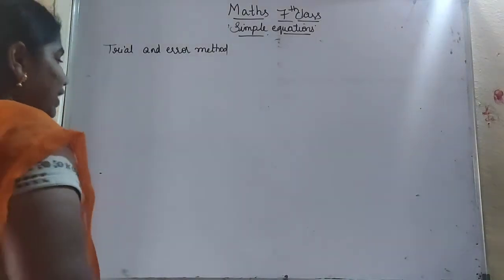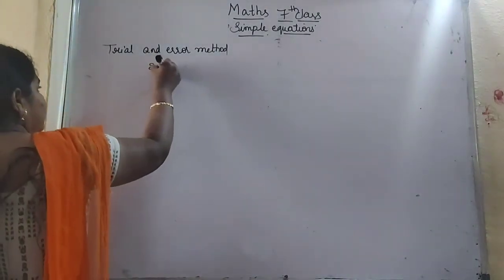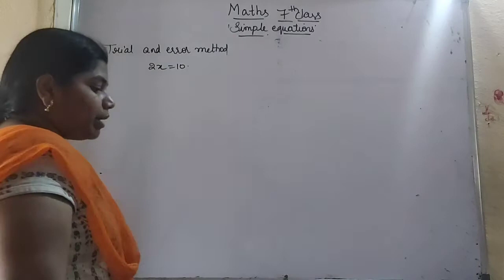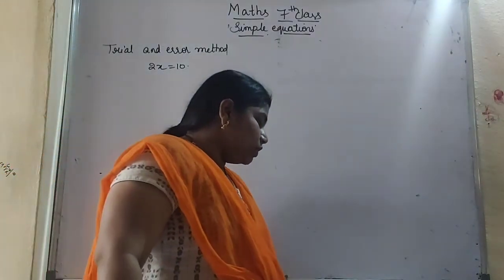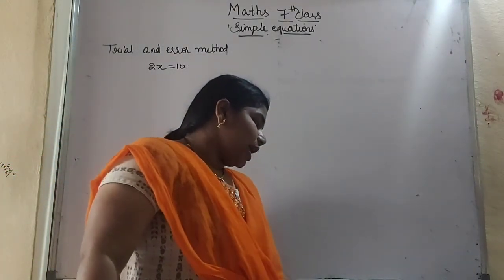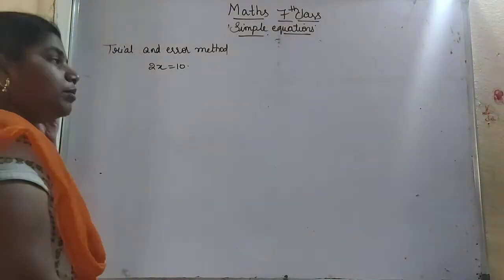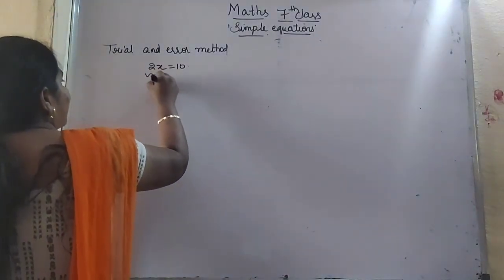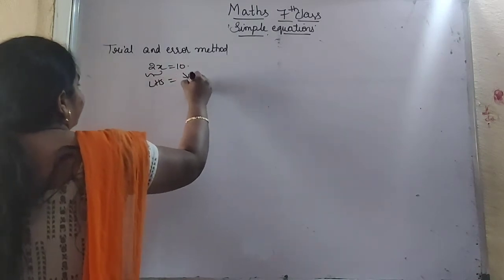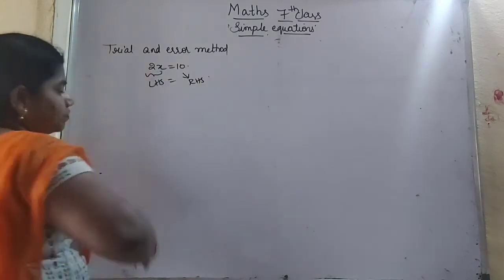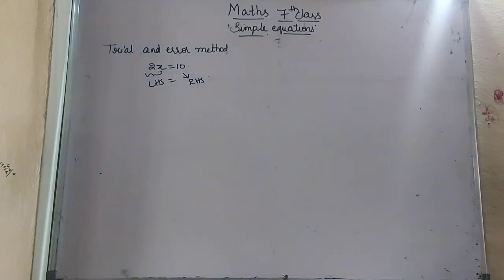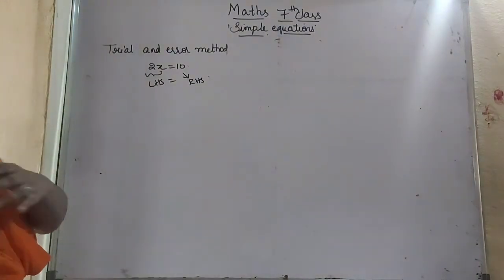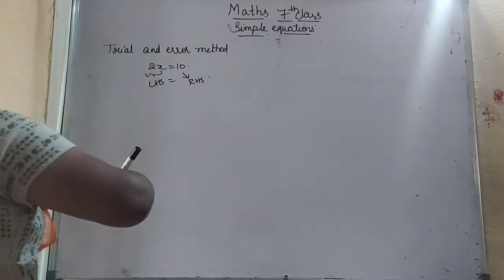I am taking one equation as 2x equals 10. How to do the trial and error method? Already I told you that you have two parts, the LHS part and the RHS part. Now which variable are we going to replace? We are going to replace the x value.